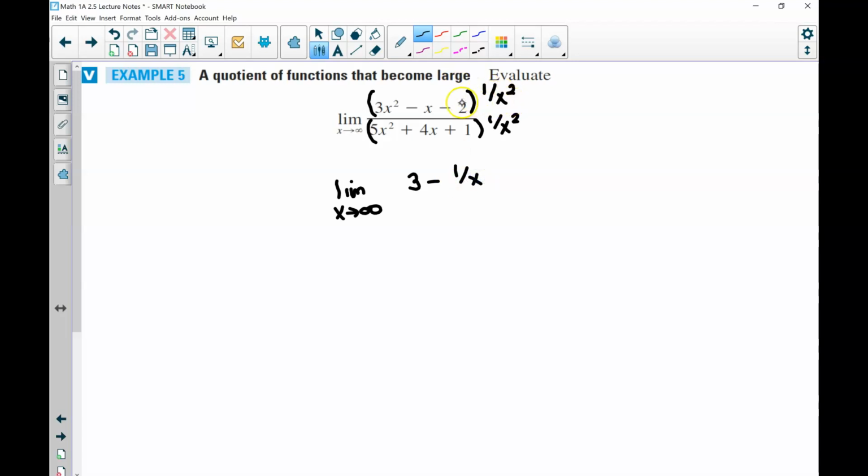And 1 over x squared times minus 2 gives minus 2 over x squared. In the denominator, 5x squared times 1 over x squared gives 5. 4x times 1 over x squared gives plus 4 over x. And 1 times 1 over x squared gives plus 1 over x squared.